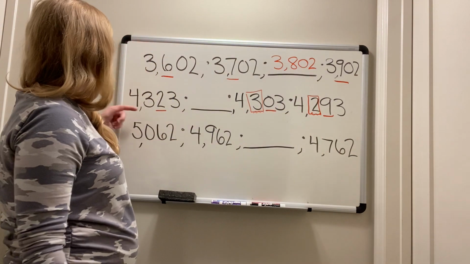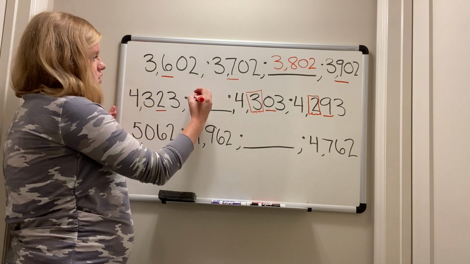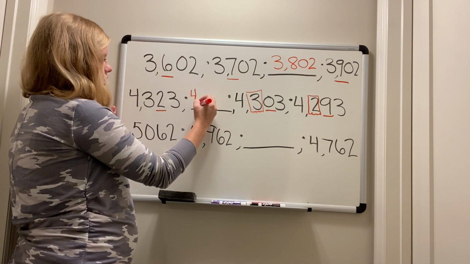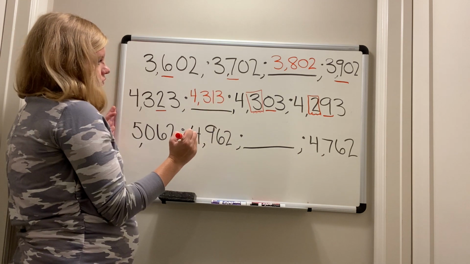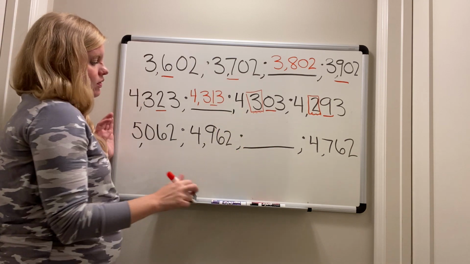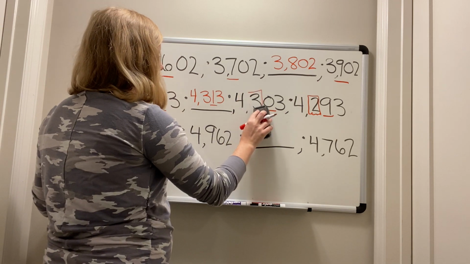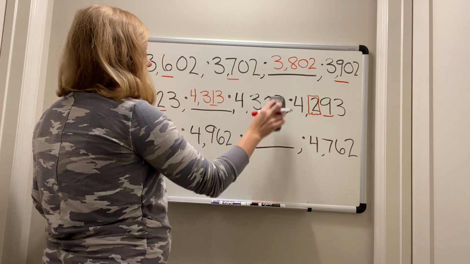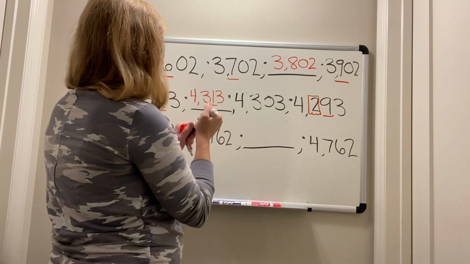Okay? So if we're seeing that we're going down, here we have 4,313, 4,303. Now, how we find this next number isn't so tricky after all.